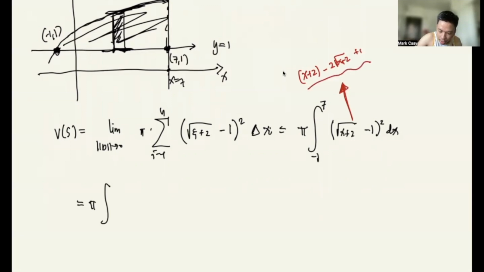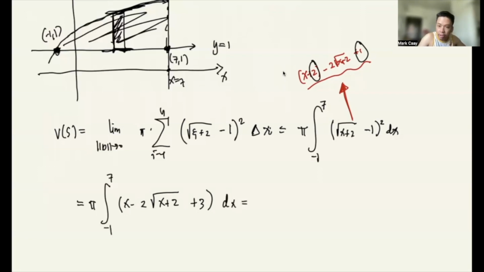And then, if we arrange that properly, I have x minus 2 square root of x plus 2 plus 3. Tama ba? Kasi may 2 ako, may 1 ako dyan. So, that's dx.